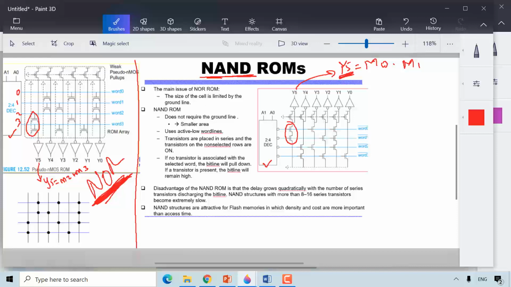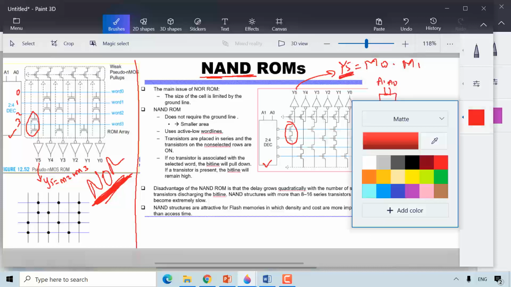Let me take Y5 here and show you how this is. Basically you have two transistors here. So first of all, I need to show the decoder here. So this is A1, A0, and the decoder here.